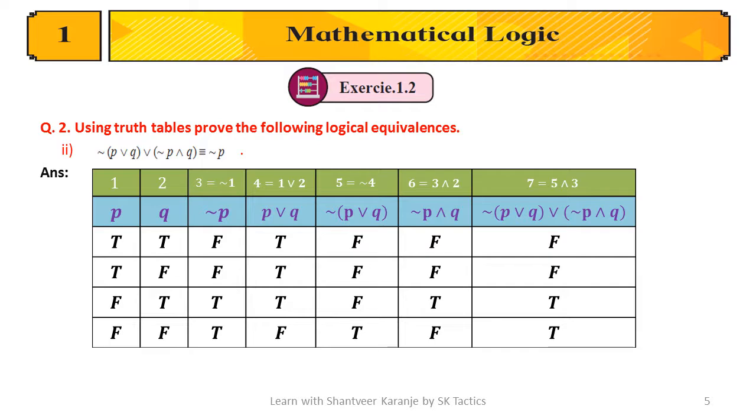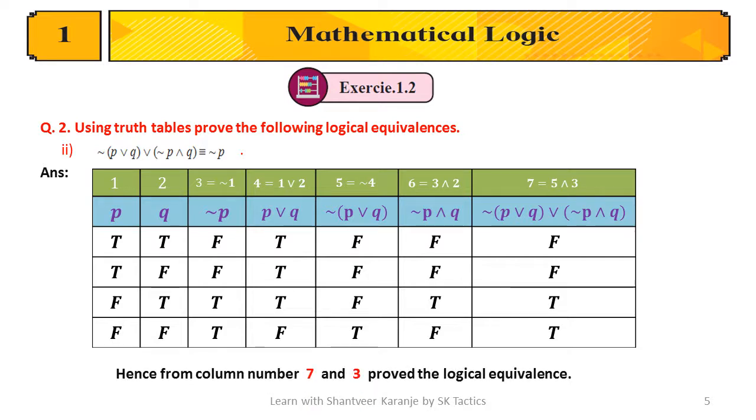This complete left hand side is in the seventh column, and you observe the right hand side column is column number 3. So from columns 3 and 7, both are identical, so we can say that LHS is equal to RHS, meaning we proved the logical equivalence.